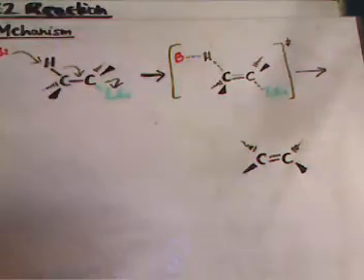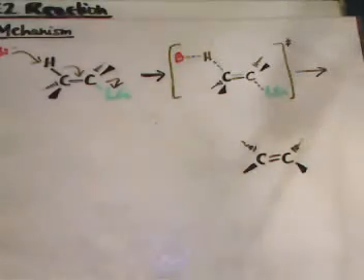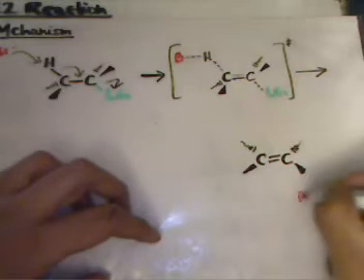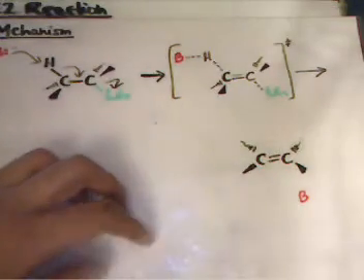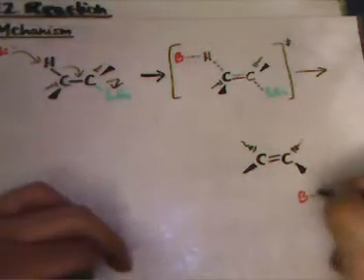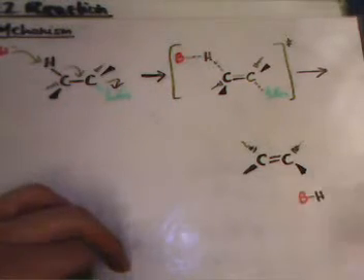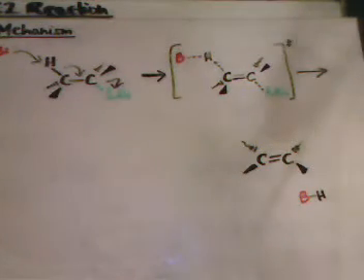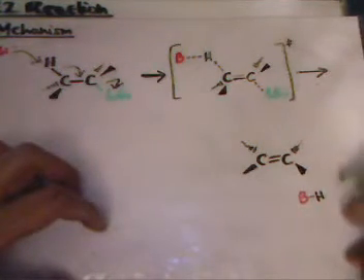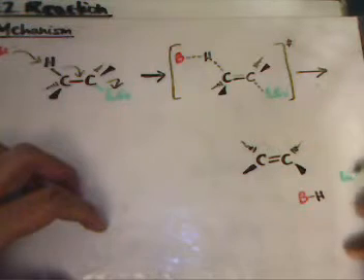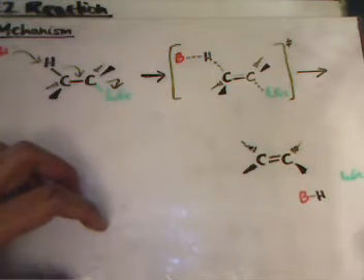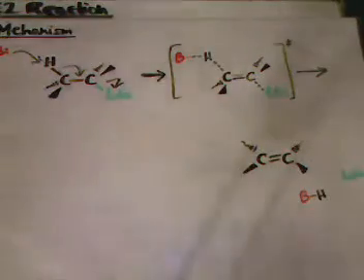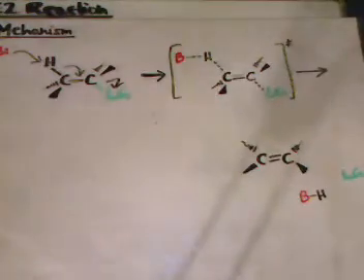And that's our product, alkene, with the base attached to the hydrogen and the leaving group, usually a halogen, and these are our products.